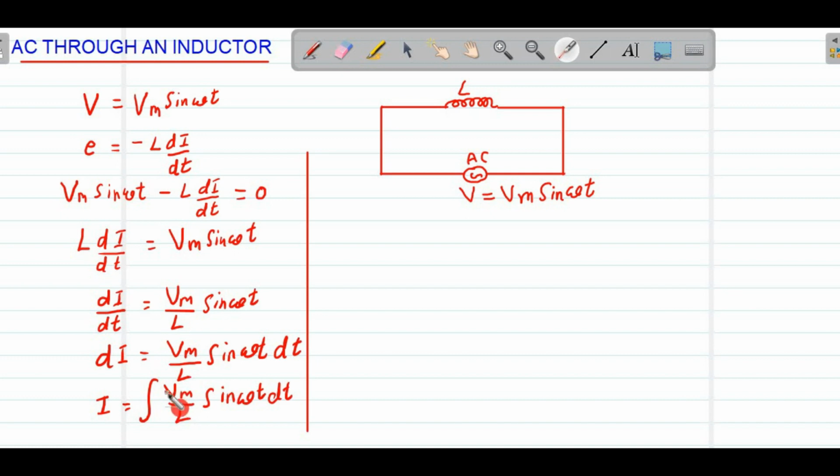Both Vm and L are constant, so Vm by L can be taken outside the integral. So the next equation can be written as I is equal to Vm by L, outside the integral, then the integral of sin omega t dt.